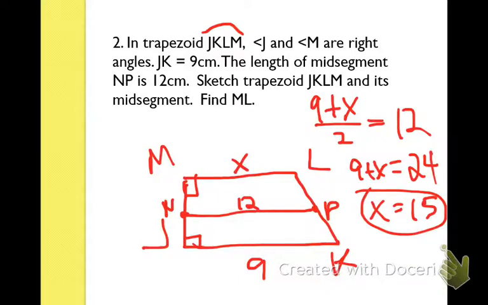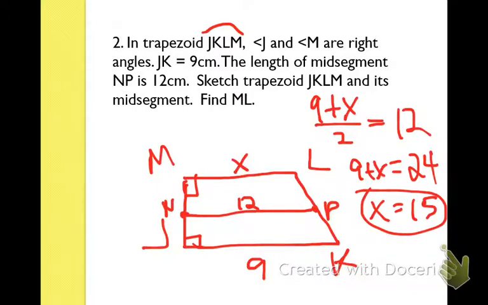All right. Now, if you're uncomfortable with that, if that doesn't click with you, there's another way to think about this. And we've done this before with midpoints, when we've had to find the other endpoint.